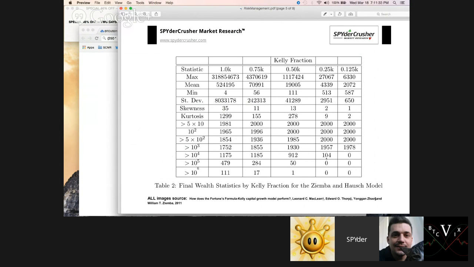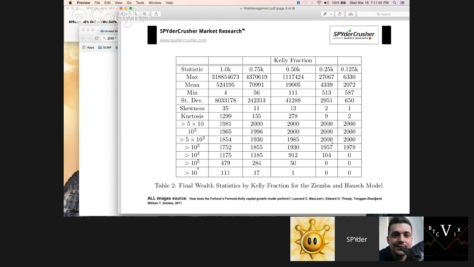These numbers right here show the actual number of times that you exceeded a certain threshold in dollar amounts. So this is a little bit confusing of a chart. I don't really like how they did these numbers, but 5 times 10 squared equals 500. Can we agree that that's 500?